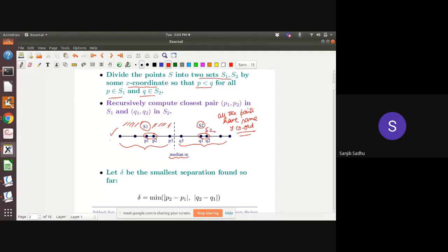So in the entire set I will get the minimum of these two, or what else can it be? I am asking you. I have the solution for the left part, I have the solution for the right part. So how can I find the solution for both the parts if I merge the solutions together?